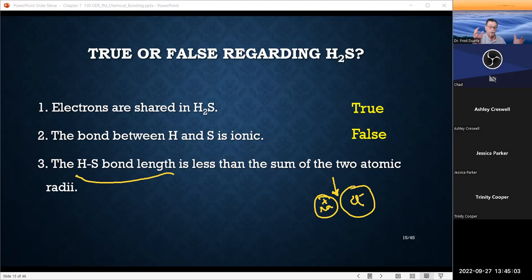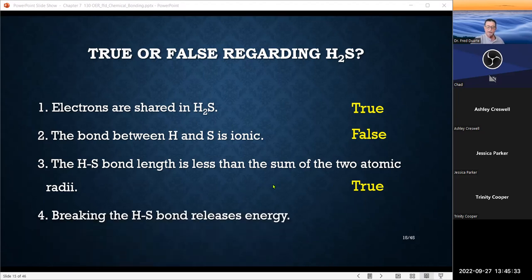And that is only true for covalent bonds. And this has to be true. Why? Because H and S are nonmetals, which makes it a covalent bond. So this comment must be true, because that comment isn't true for an ionic compound.